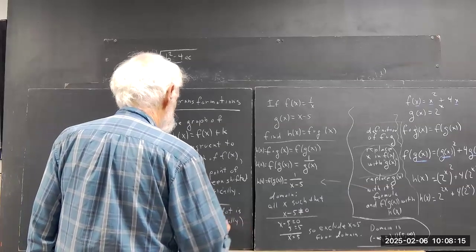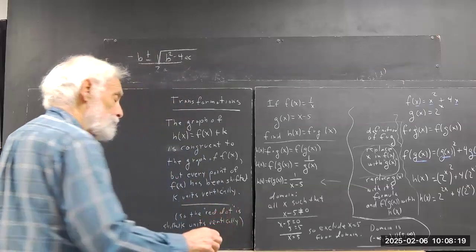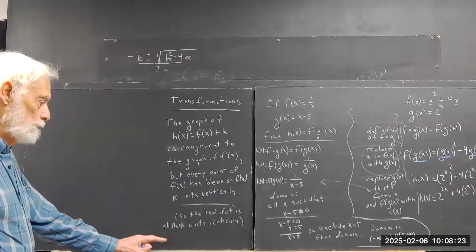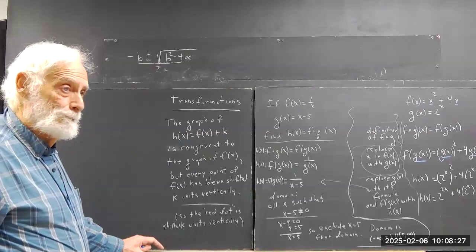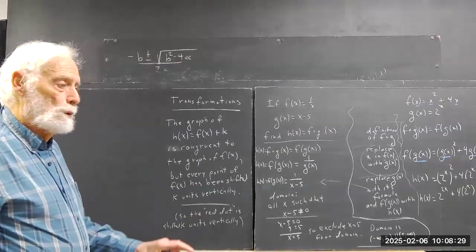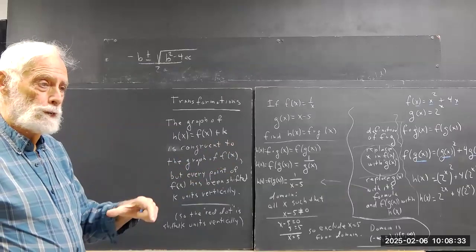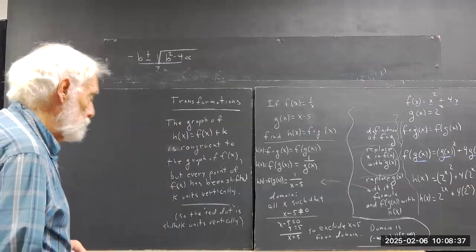So the red dot is shifted k units vertically, and I won't say much about that except to just invoke the picture of what we're doing in pre-calculus. And of course, that means your whole rectangle in which you're graphing this, the whole window in which you graph your function, is shifted vertically. And what's that look like?